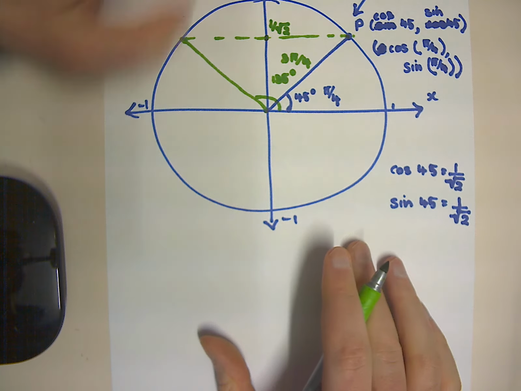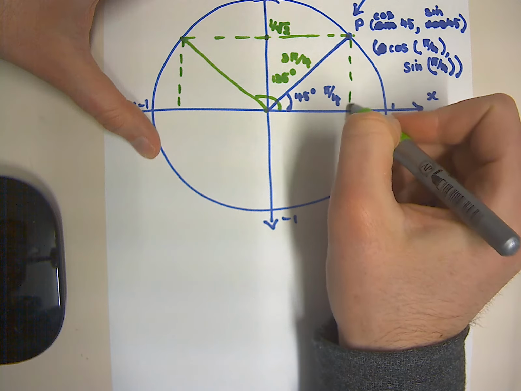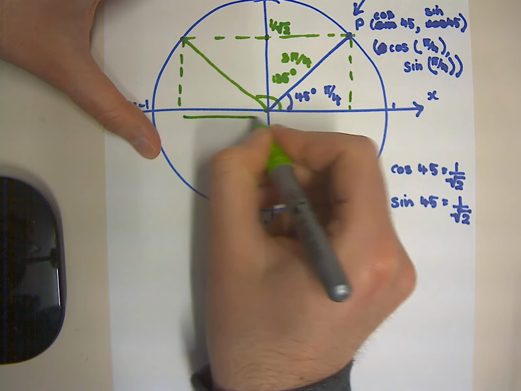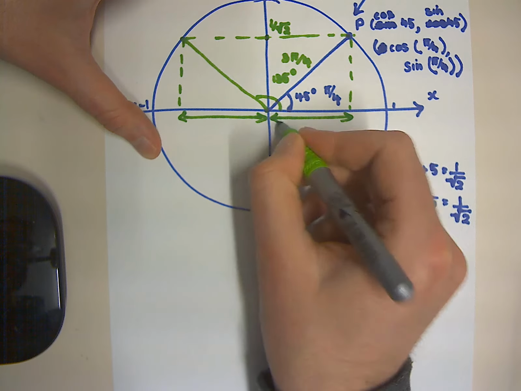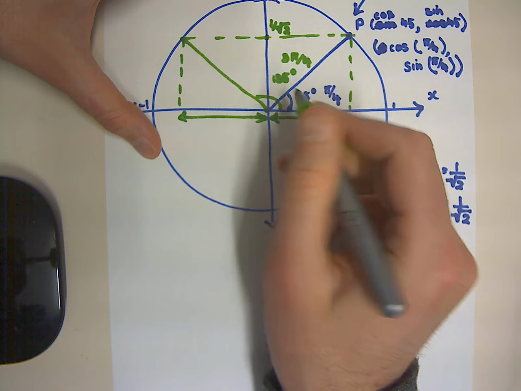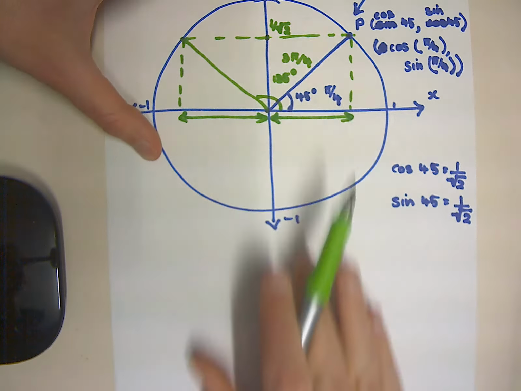And the cos, or the x-coordinates, by symmetry are also the same. So this distance here and this distance here are the same, but the x-coordinate of this point will be negative because we've gone left.